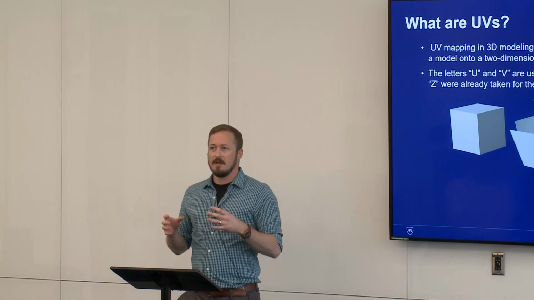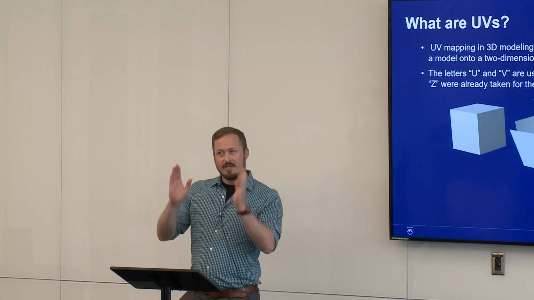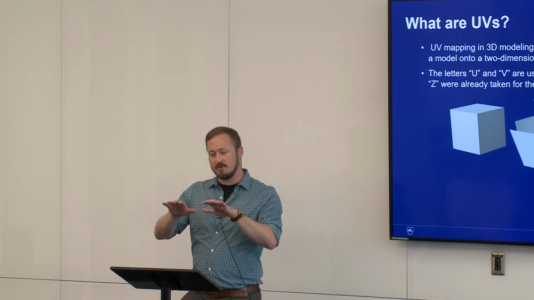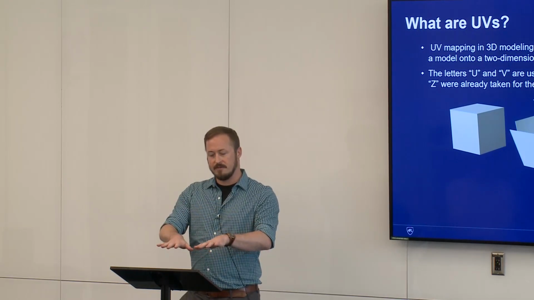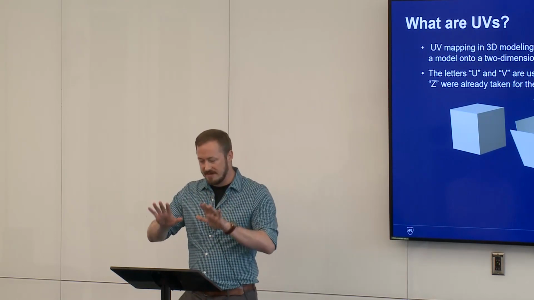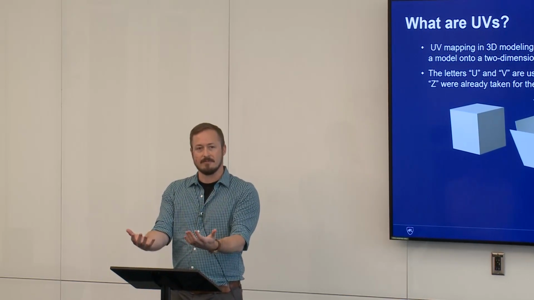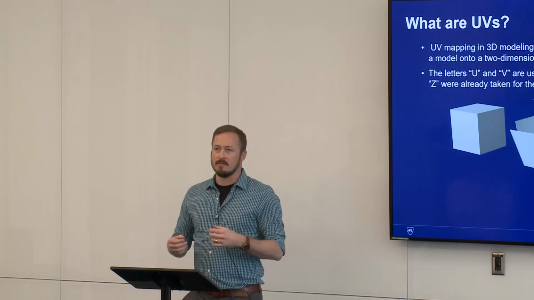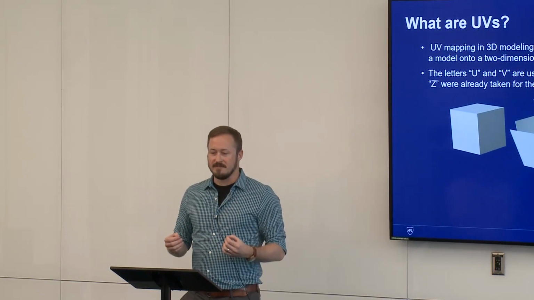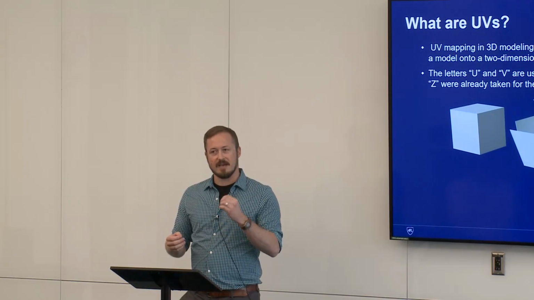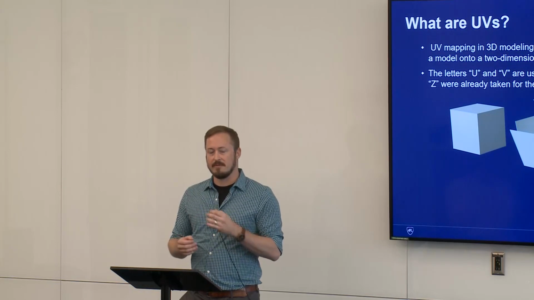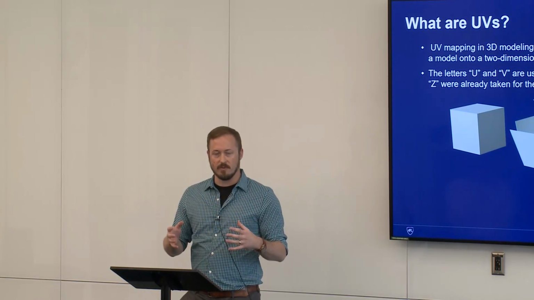This works. The reason this is important is because when you have an image texture, it will project that texture onto the faces of your shape as it is laid out on a surface. So UV has nothing to do with ultraviolet because X, Y, and Z were already used for the main three axes in the 3D viewport.